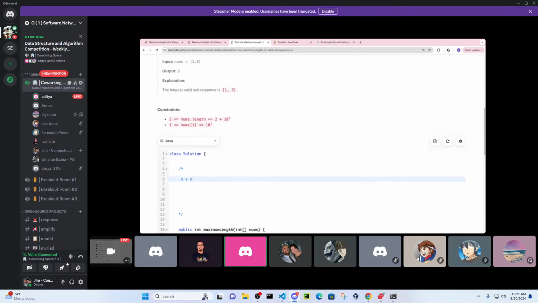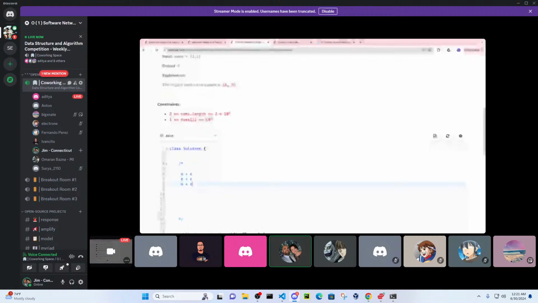So there are only 3 choices of adding any 2 numbers. It can be odd plus odd, even plus even, or odd plus even. When you do odd plus odd, you'll always get even. And when you do even plus even, you will always get even.